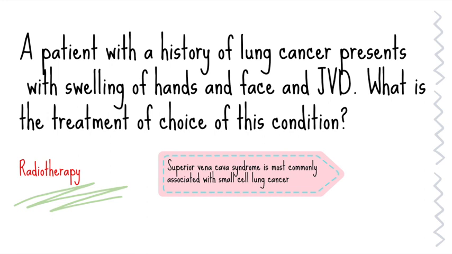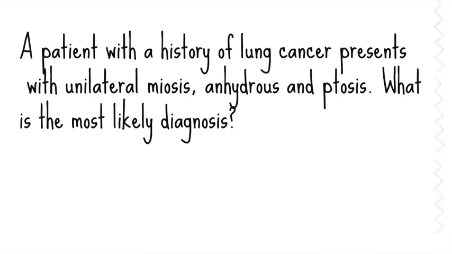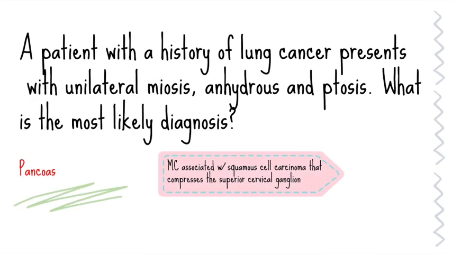A patient with a history of lung cancer presents with unilateral miosis, anhidrosis, and ptosis. What is the most likely diagnosis? Pancoast tumor or Horner syndrome.